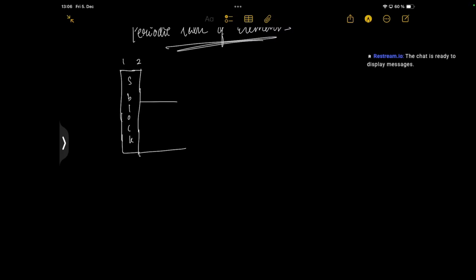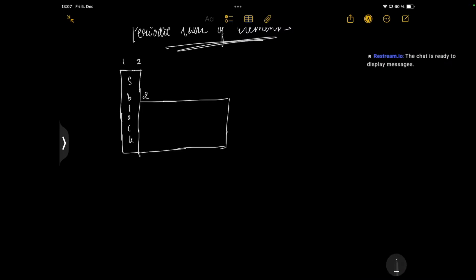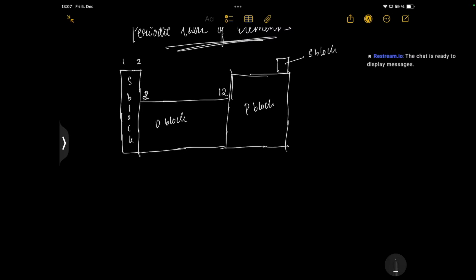Then from 3 to 12 it's going to be D block. And from 13 to 18, P block, with an exception of the first element in the P block being S block.